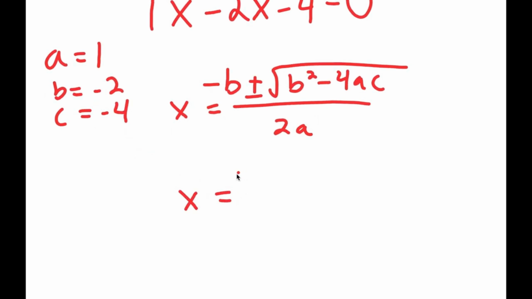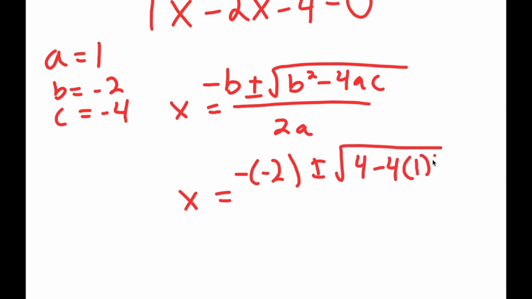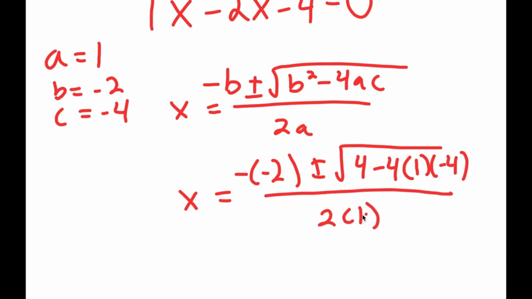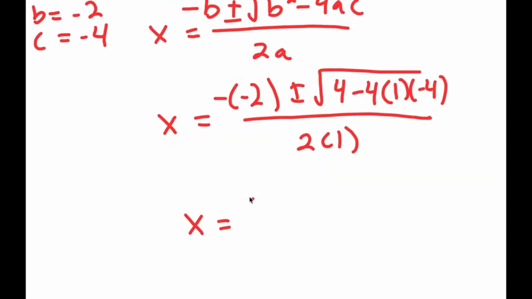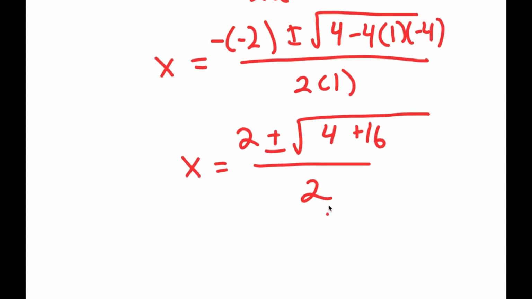So I get x is equal to negative of negative 2 plus or minus the square root of b squared, so negative 2 squared, which is 4, minus 4 times a, which is 1, times c, which is negative 4, all over 2a, so 2 times 1. And this is equal to positive 2 plus or minus the square root of 4 minus 4 times 1 times negative 4, which is 4 plus 16, over 2.